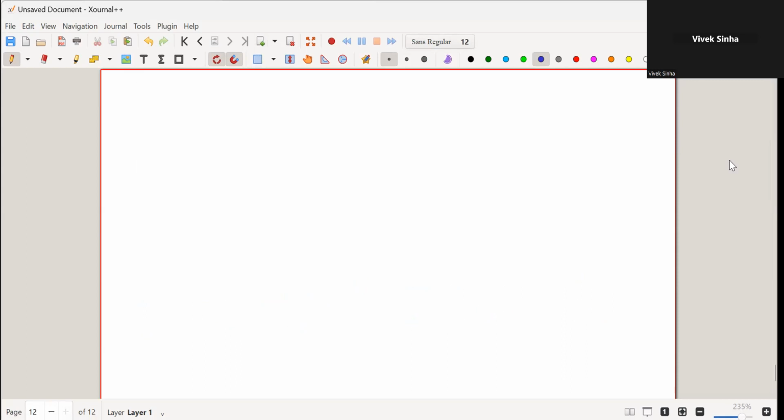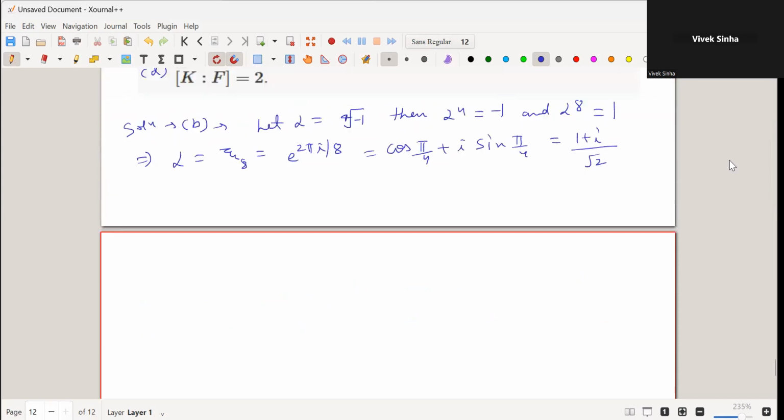Now, what is alpha square? You can check, this is just iota you will get. Also, you have alpha to be zeta of 8, so alpha square is just zeta of 4, that is iota.